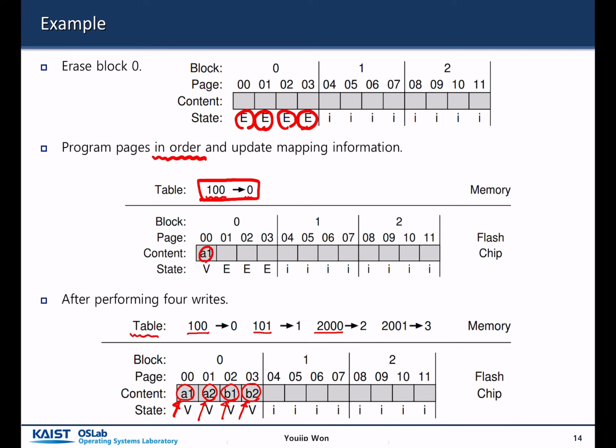For example, LBA 100 has been written to page number 0 in block number 0, and of course, the second page, LBA 101, has been written to page number 1, LBA 2000 has been written to page number 2, and LBA 2001 has been written to page number 3. So the mapping table that contains information about the actual location of the flash pages is updated as follows.